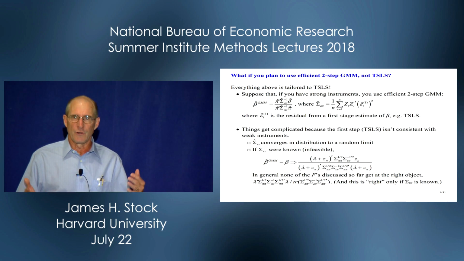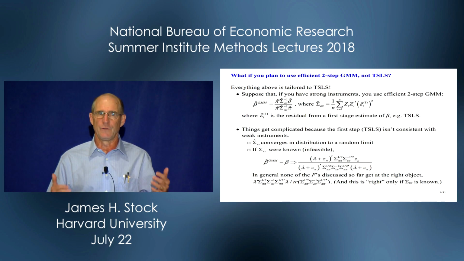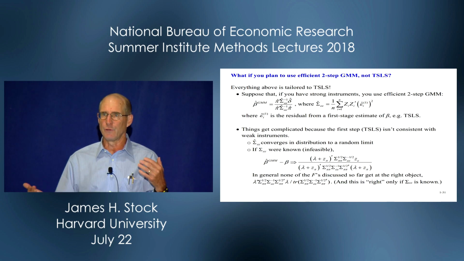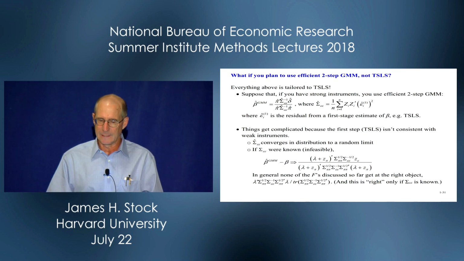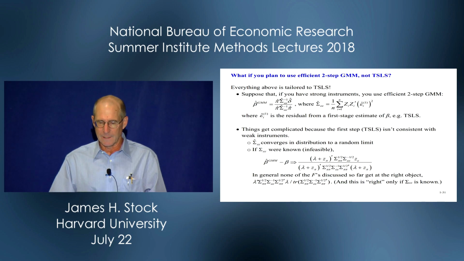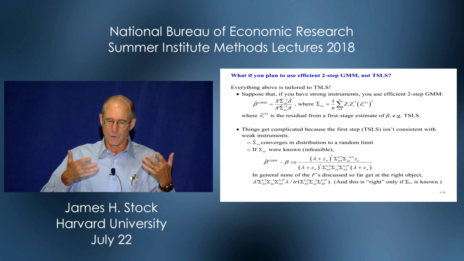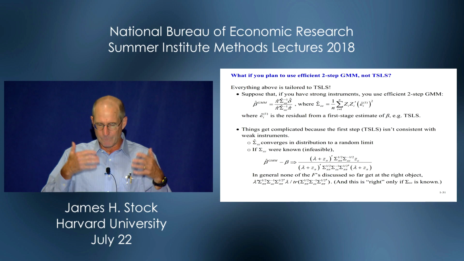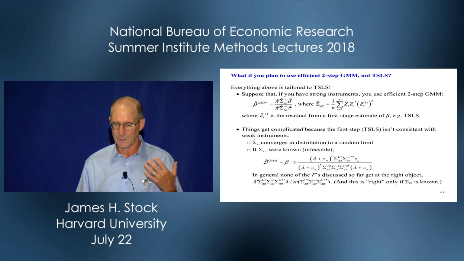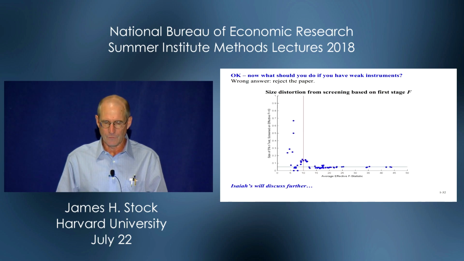The problem is, in the world of weak instruments, the GMM estimator has an even more complicated distribution. It depends on how you do the first stage. It depends on whether you're going to do CUE. And testing whether you can then do GMM in the second stage also needs more work in the general heteroscedasticity-robust case.